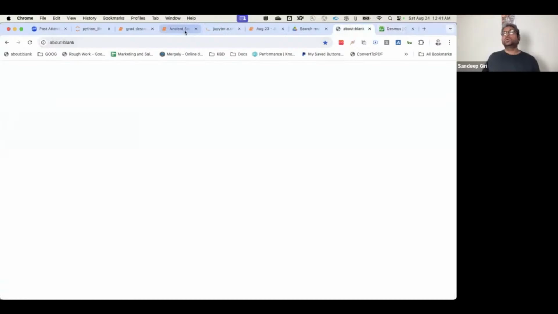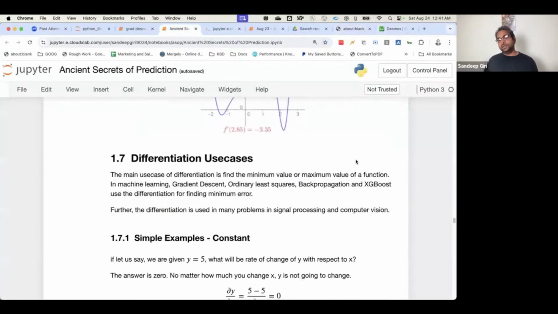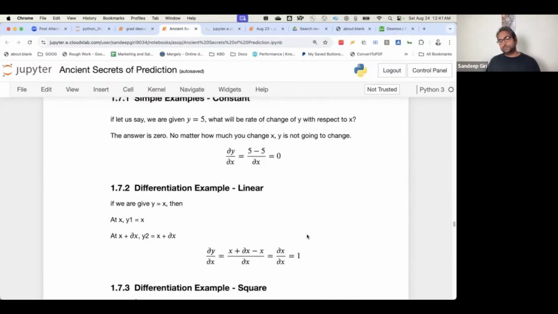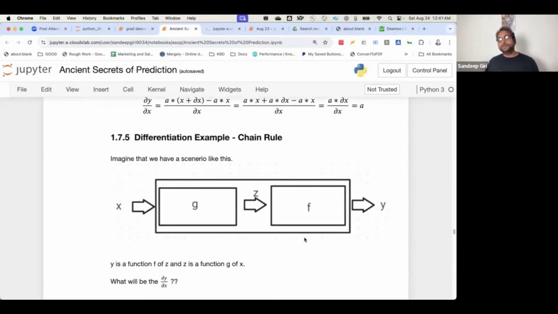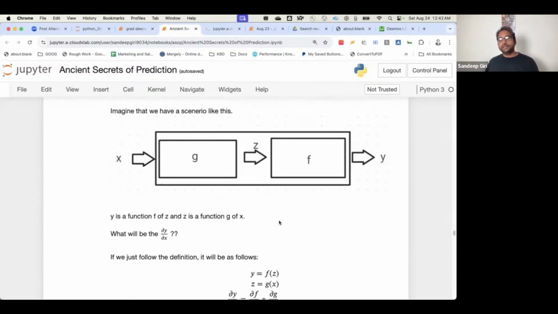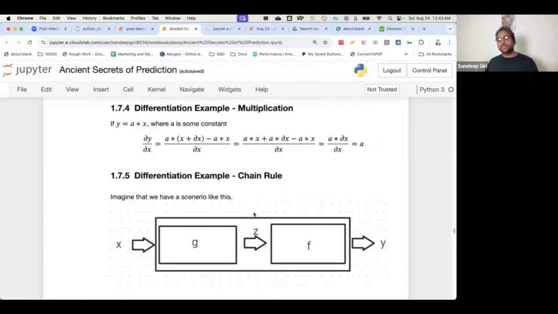Using this technique, a lot of algorithms are designed. One of the algorithms that I want to talk about is ordinary least squares, or what we call the normal equation. I have talked about these cases, and I also talked about the chain rule.